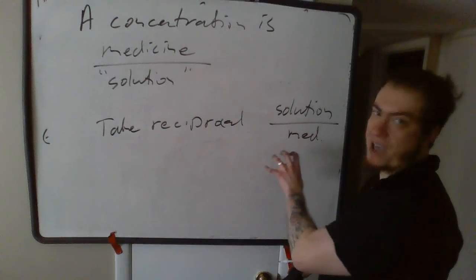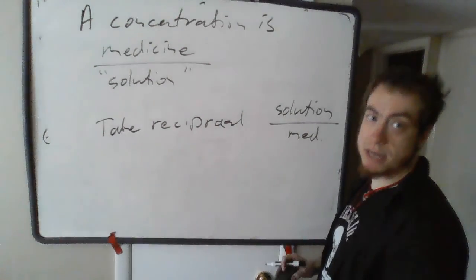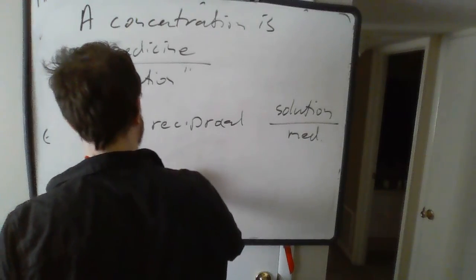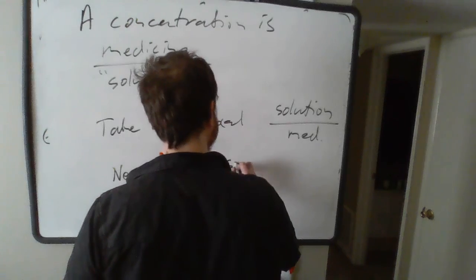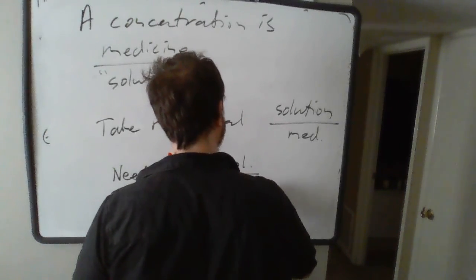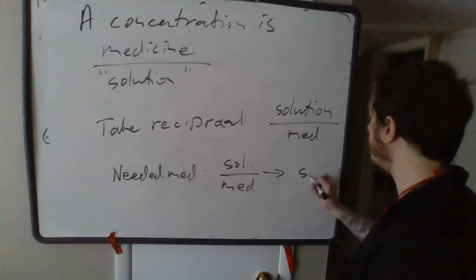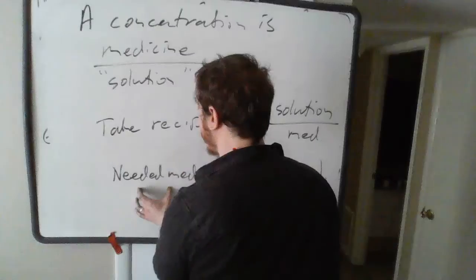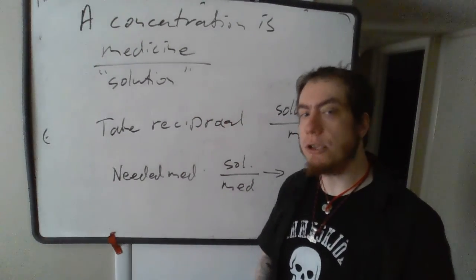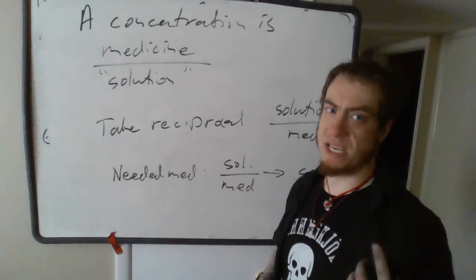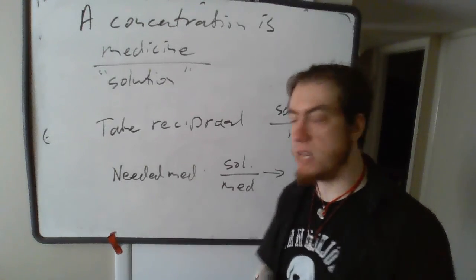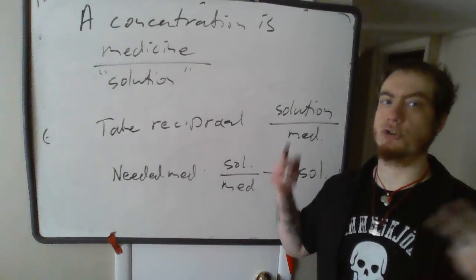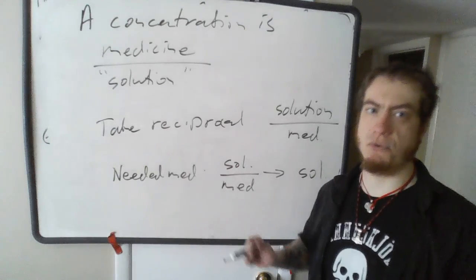And then once you found the amount of medicine that you need for the animal, you can take the needed medicine times the solution per medicine, and this is going to give you the amount of solution you need to actually give the animal. To get the amount of medicine that you actually need, you just have to do what we said in the previous video about calculating how much medicine you need. So all of this stuff can be done by tracking the units, the dimensional analysis, if you want to be fancy about it.